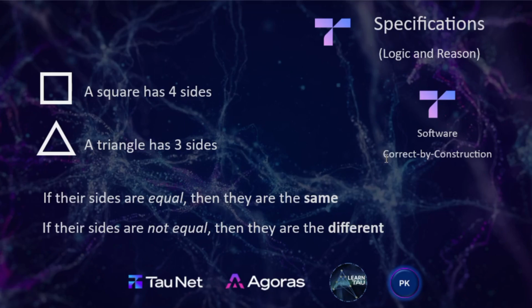You don't want something to happen like when a student asks, is a square the same as a triangle? and your software has a mistake and says, yes, they are the same. You want your software to always do what it's supposed to do based on your specifications, always giving you the result you want.